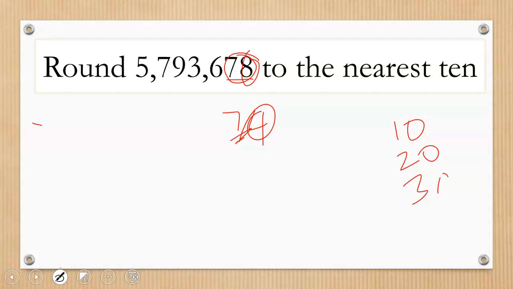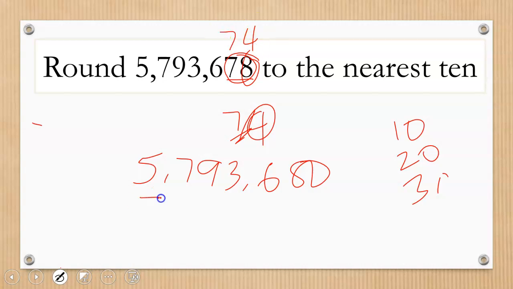But because this one is 8 and above, this number will be written as 5,793,680. Again, if this question had come as 74 here, we would have written our answer as 5,793,670. So take note of that.